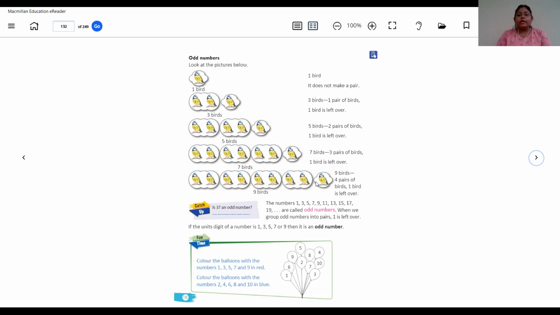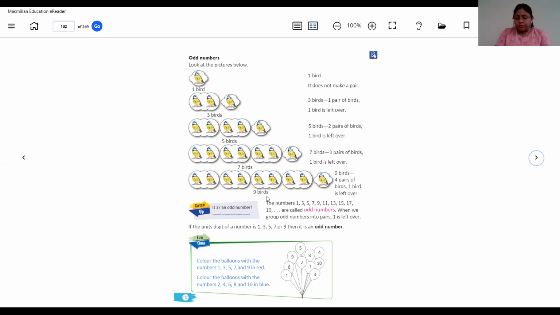So student, numbers such as 1, 3, 5, 7, 9, 11, 13, 15, 17, 19, they are all considered odd numbers. Why do we call it an odd number? Because when we group odd numbers into pairs, one number is left over.